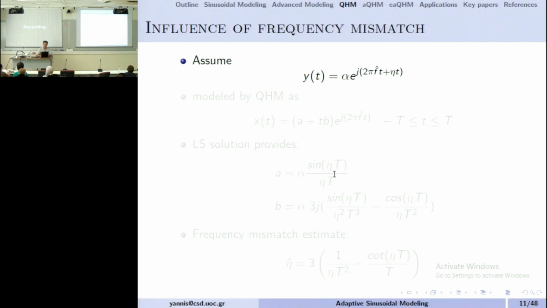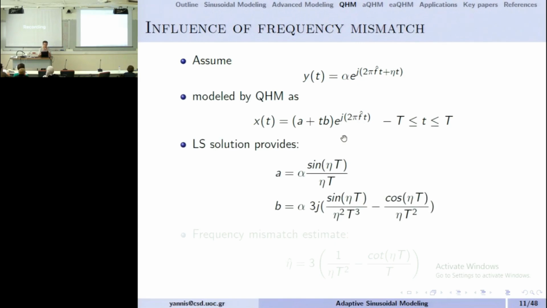So we assume now that we have a simple model with just one component. Then the QHM of this is written this way. Analytically, we can estimate A and B, and this is the solution.